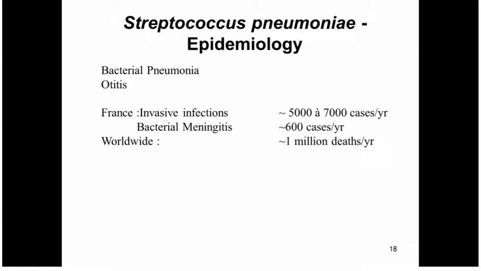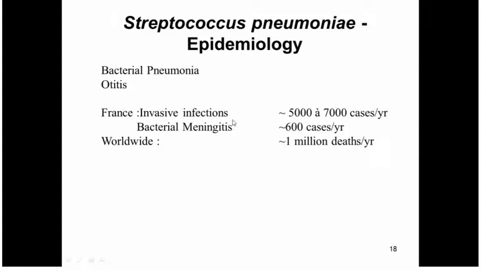You can often pick it up in the nose of people who are perfectly healthy, so you would call it an opportunistic pathogen. These, of course, can be quite severe, especially the bacterial pneumonia in older people. And it can also cause meningitis.